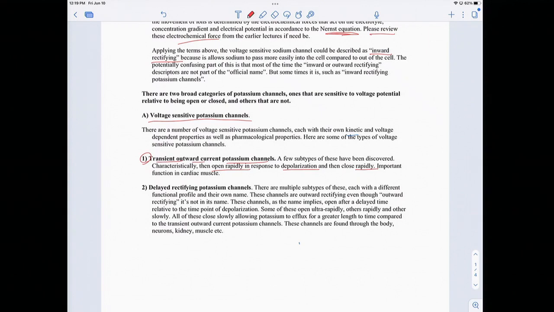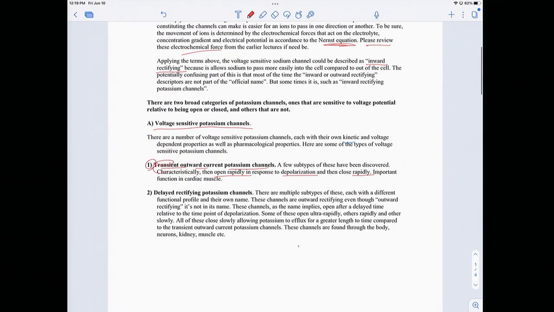So very rapid. You will find if you are studying cardiology, muscle physiology for the cardiac muscle, these channels play an important role in action potentials for cardiac muscle. So that's one category called transient outward current. They're called transient because they're pretty quick in terms of opening and closing very rapidly.